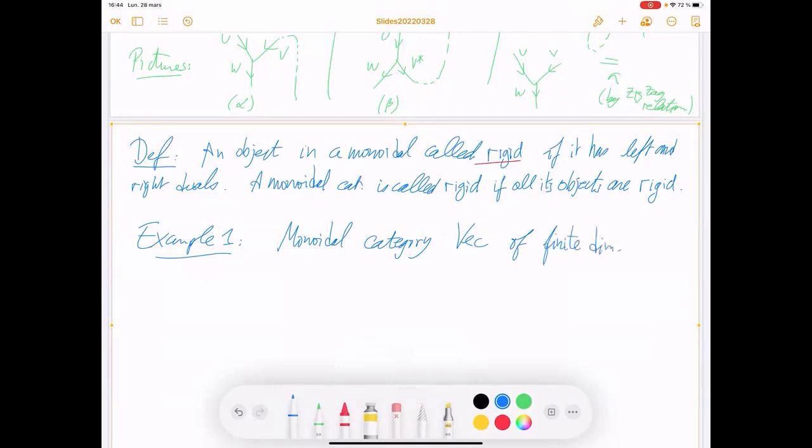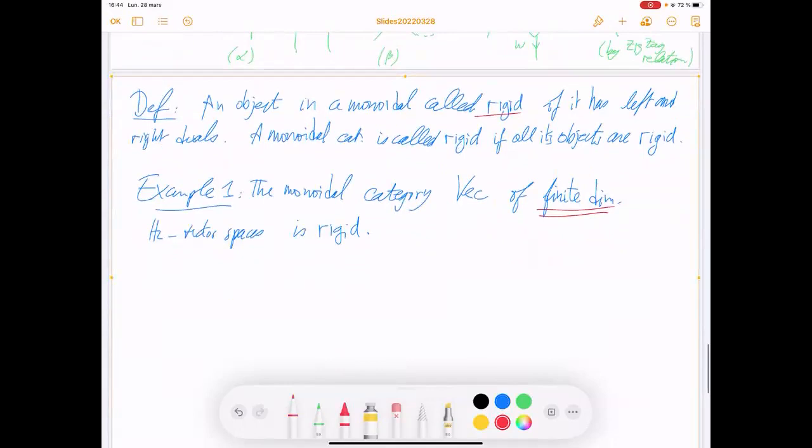The monoidal category Vec of finite dimensional K-vector spaces is rigid. And I insist, it's not true if it is not finite dimensional.